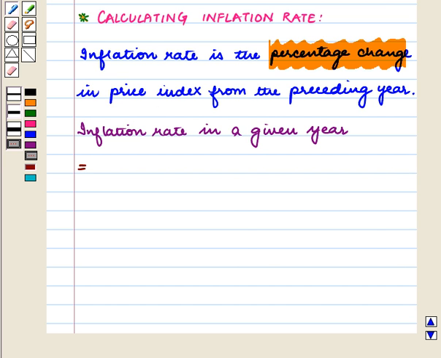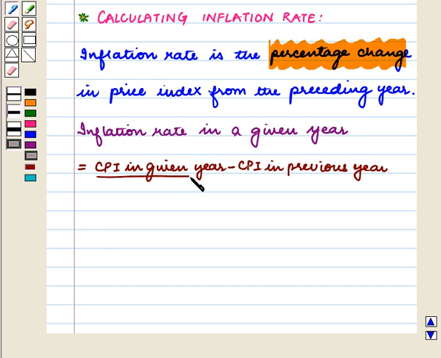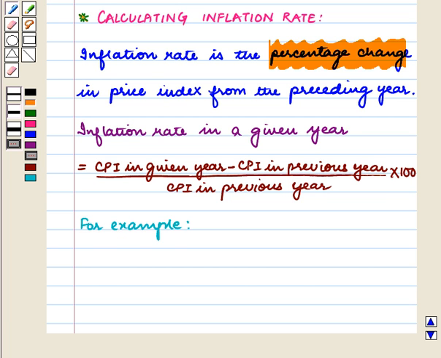The inflation rate between two consecutive years is calculated using the following formula: CPI in given year minus CPI in previous year upon CPI in previous year into 100.